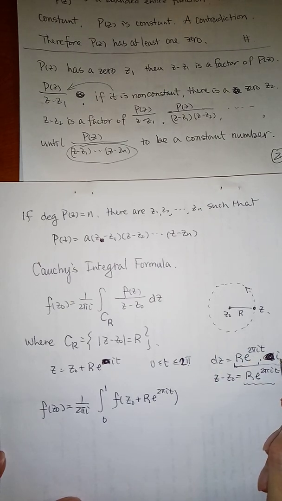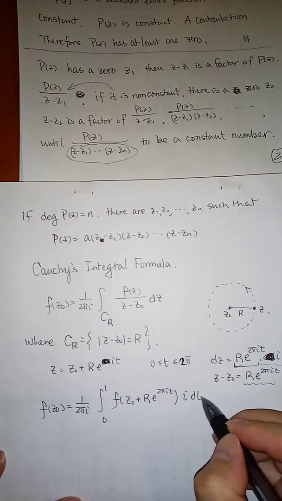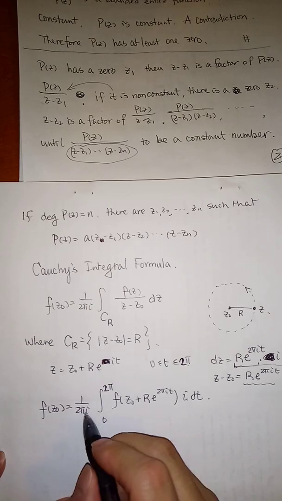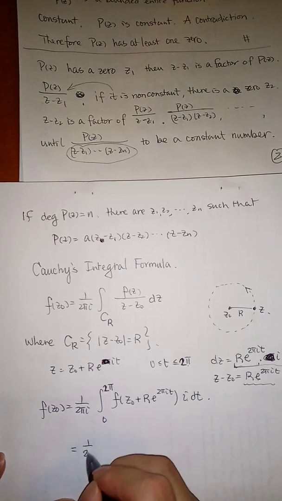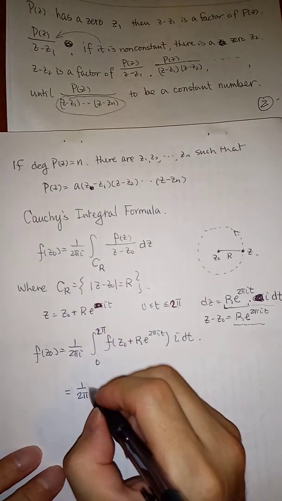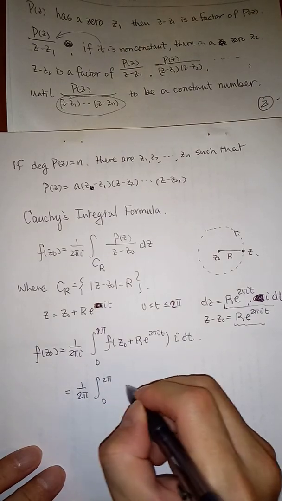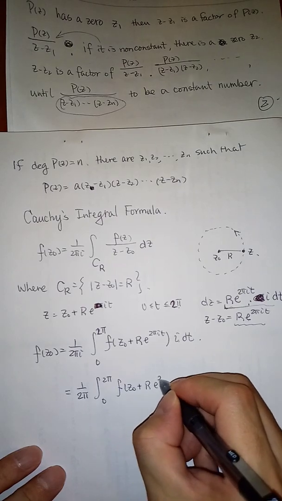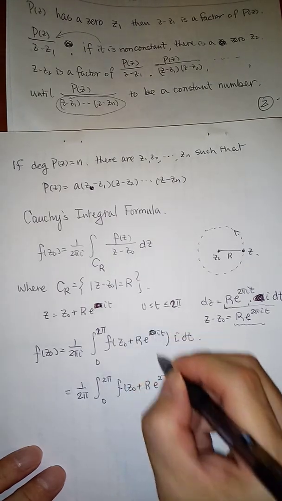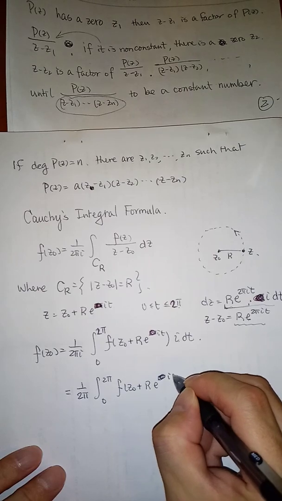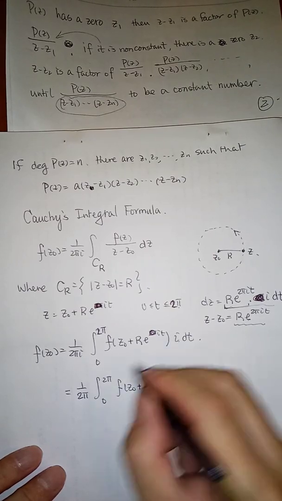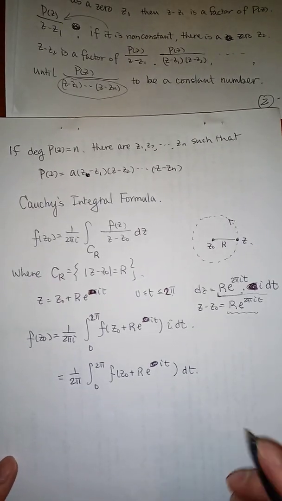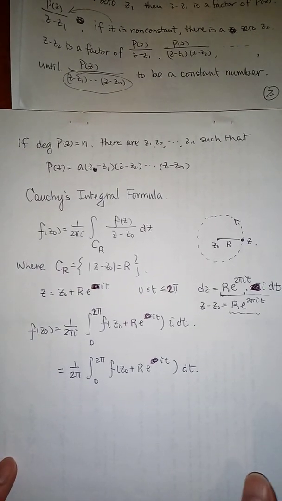The i cancels too, and that's the reason we have 1 over 2 pi times the integral from 0 to 2 pi of f of z0 plus r e^(i t) dt. Okay, so this is formula 4 on page 165.